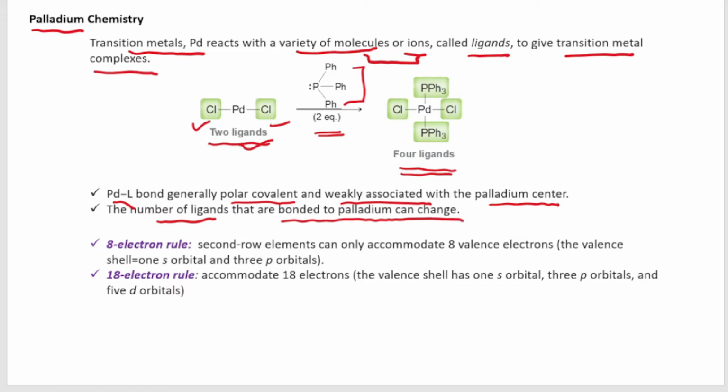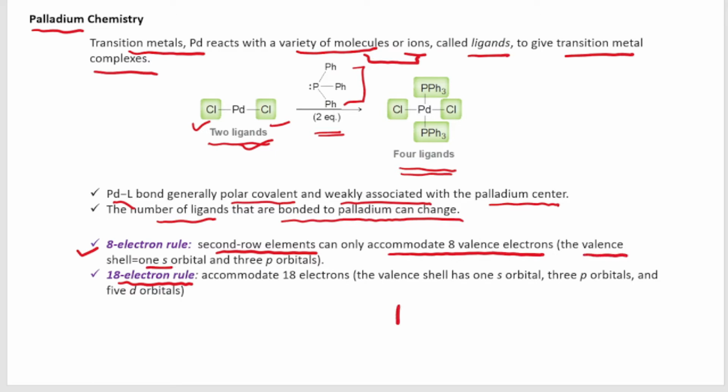So when will your palladium compound be stable? Here comes the 18 electron rule. It is similar to the 8 electron rule, or you can call it the octet rule. Second row elements of the periodic table follow this rule. They can accommodate 8 valence electrons in their valence shell.